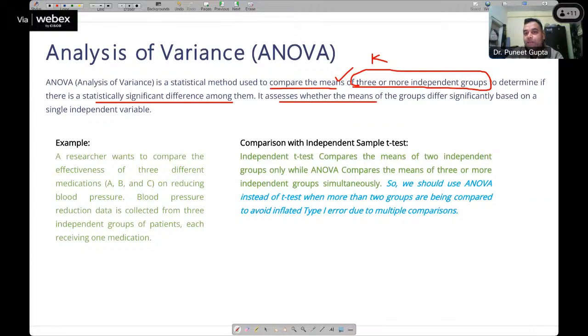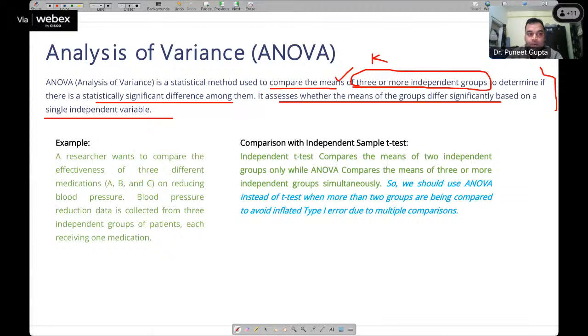It assesses whether the means of the groups differ significantly based on a single independent variable. Groups are multiple, but the variable is only one. Like height, which can differ by gender, male and female. There are 2 groups, but the variable is only height. Here again the variable is 1, but this variable has 3 categories or groups. That's why I'm saying group comparison.